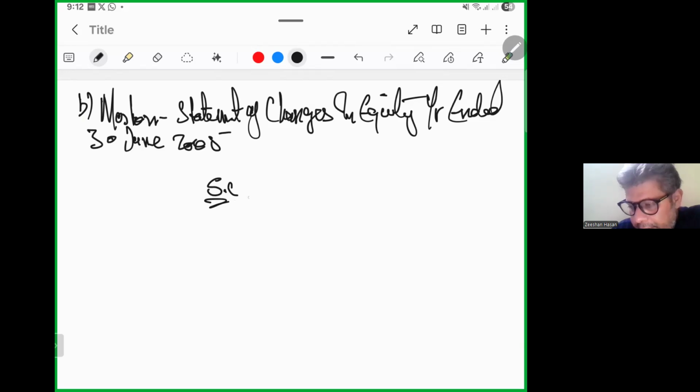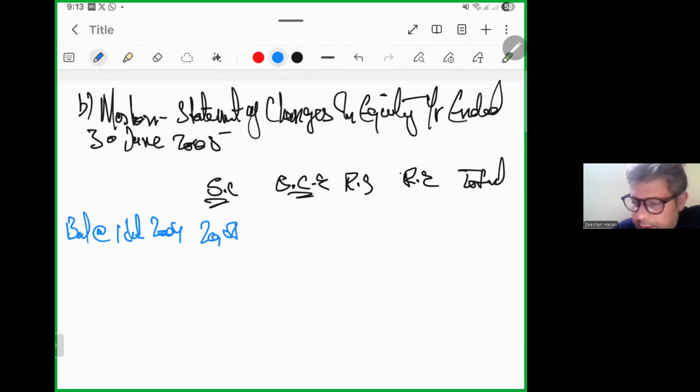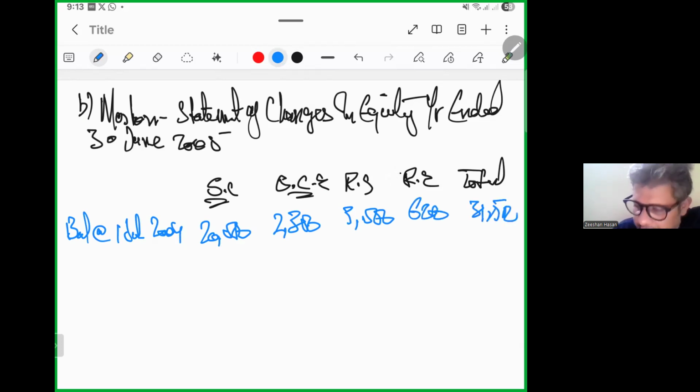We have share capital, other component of equity, revaluation surplus, retained earnings, and then we have total. Now, balance at 1st July 20X4: 20,000, other component of equity 2,300, revaluation surplus 3,000, retained earnings 6,200, and the total is 31,500 here.